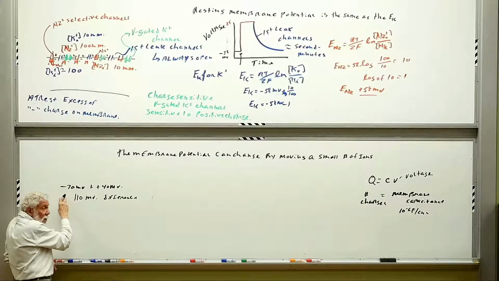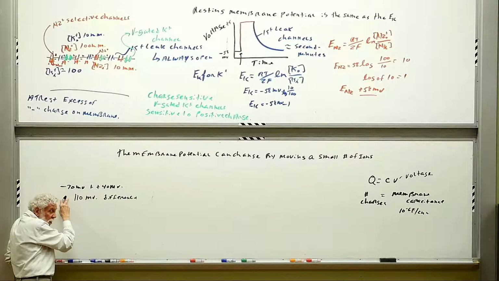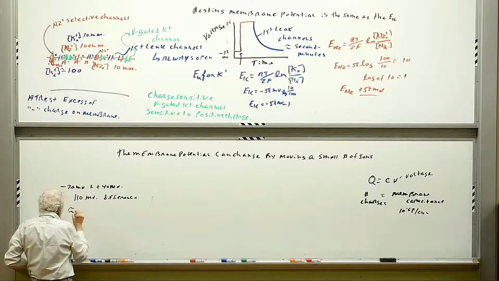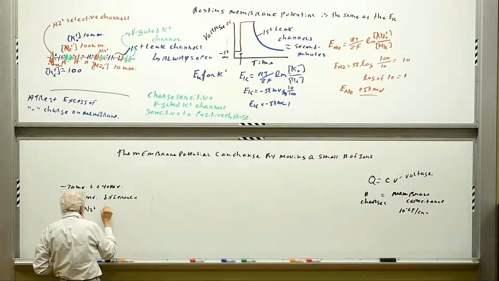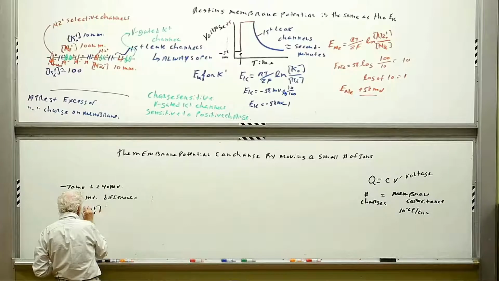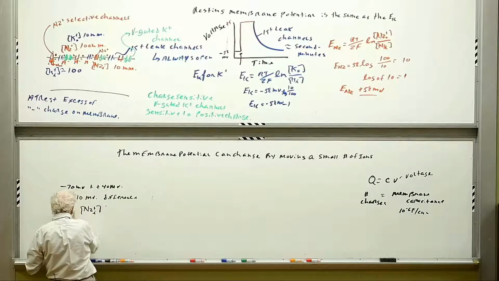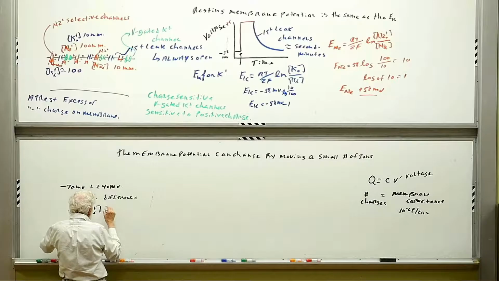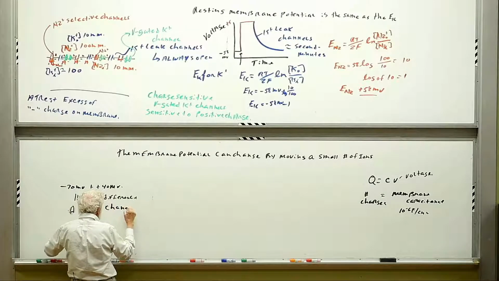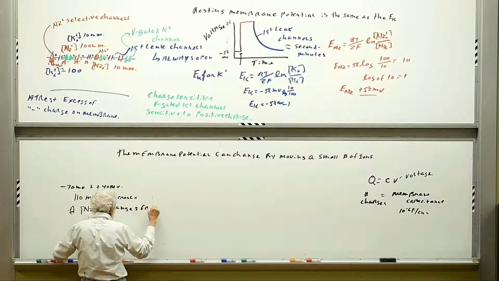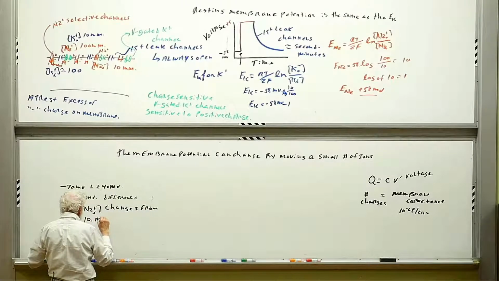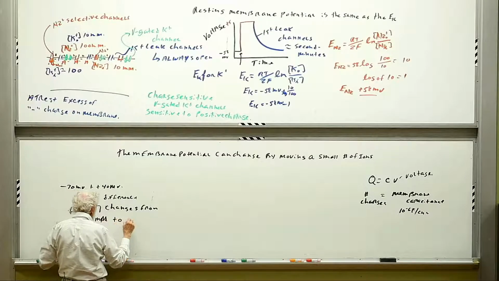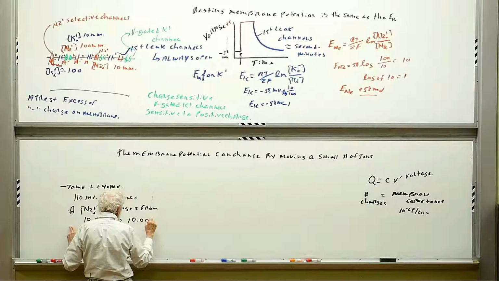The number of ions that will typically move in a typical neuron to change this potential are such that it changes the inside sodium concentration from, say, 10 millimolar to 10.0001 millimolar.